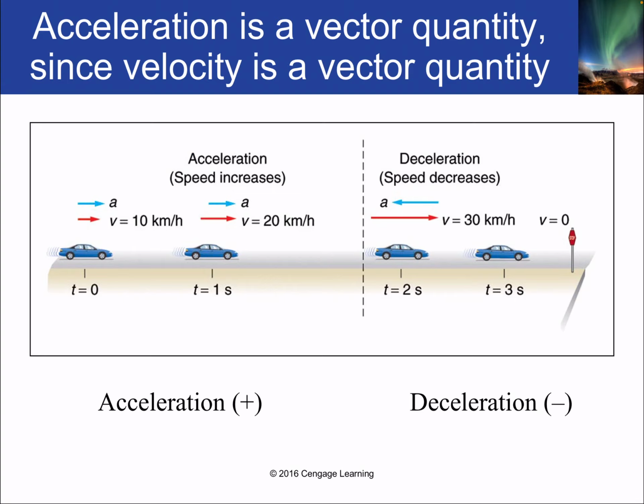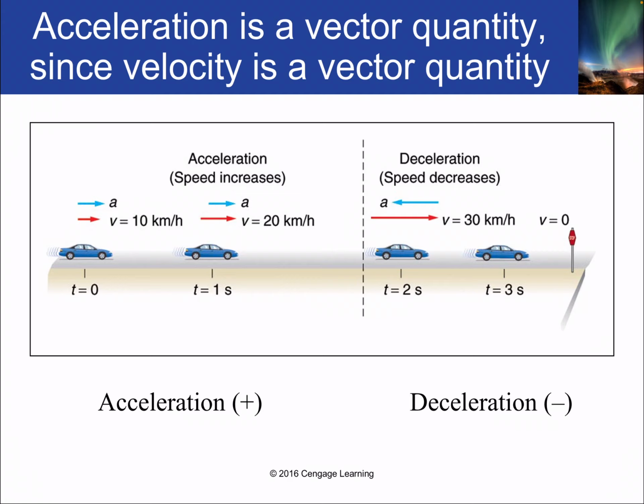And on this slide, we're reminded again that acceleration is a vector quantity, and that's because velocity is a vector. Remember, vector quantities have both magnitude and direction. So in our first picture on the left, our speed's increasing. Notice when our speed's increasing, the acceleration vector and the velocity vector are pointing in the same direction.